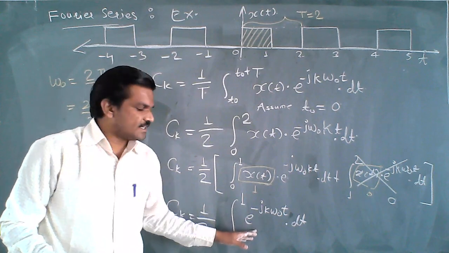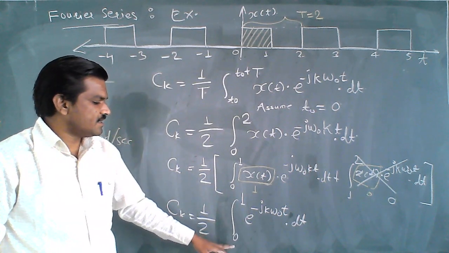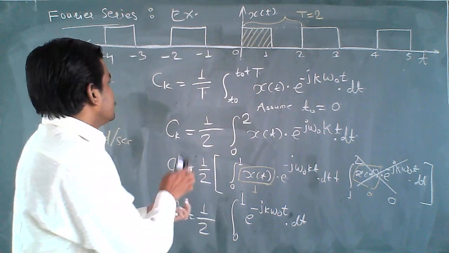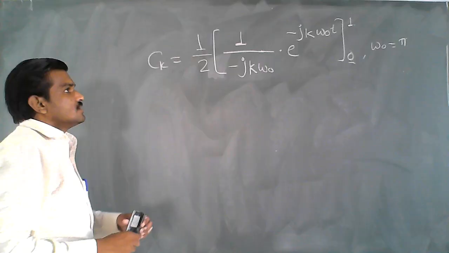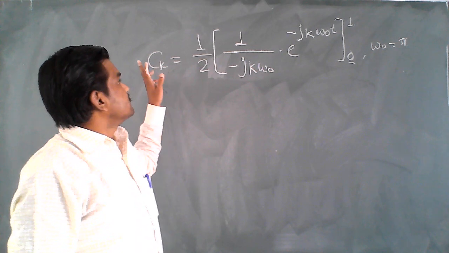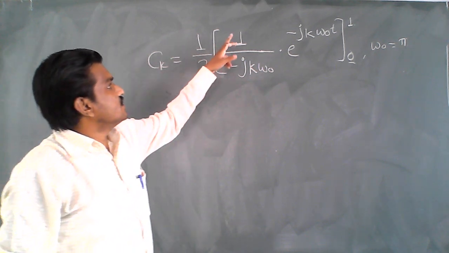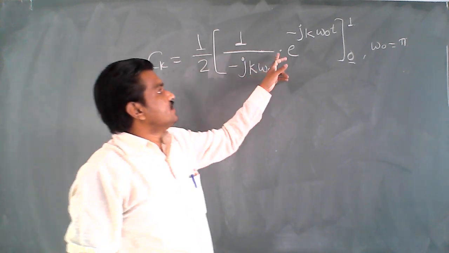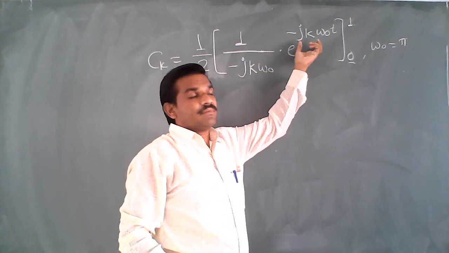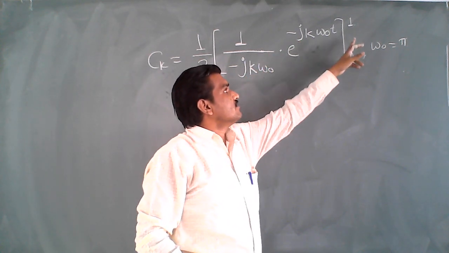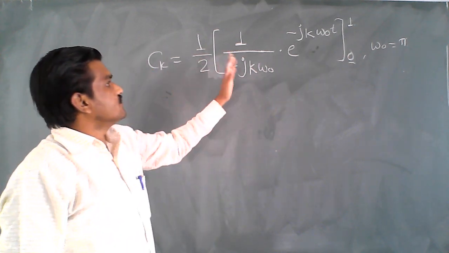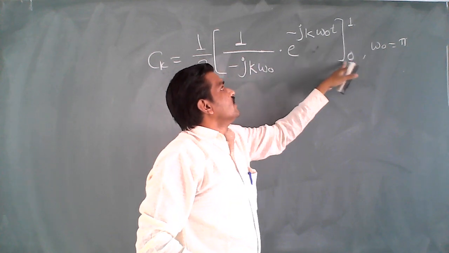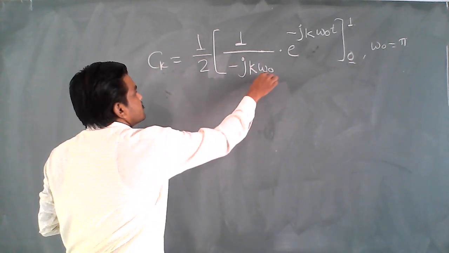Now you have to integrate this over the period, from 0 to 1. So Ck is equal to 1 by 2 times 1 upon minus j k omega 0 into the exponential term e to the power minus j k omega 0 t, evaluated from 0 to 1. Now we have to put the upper limit and lower limit of t in this expression, and this becomes a constant term.